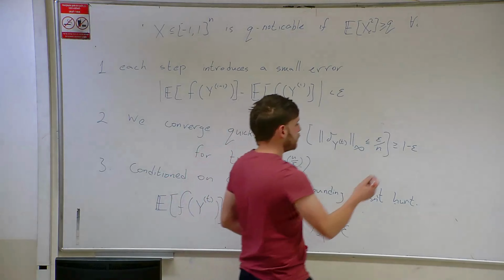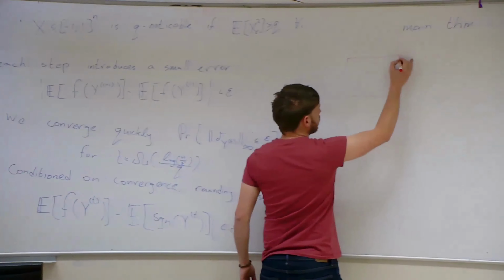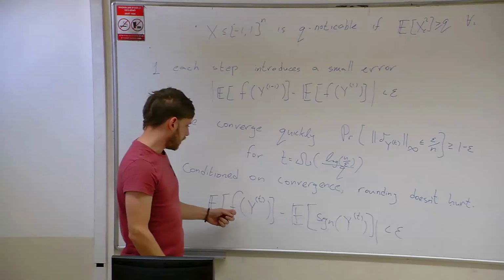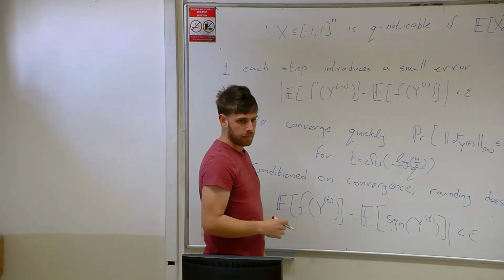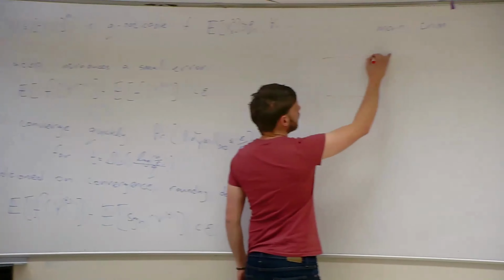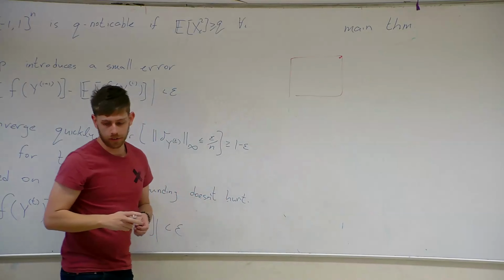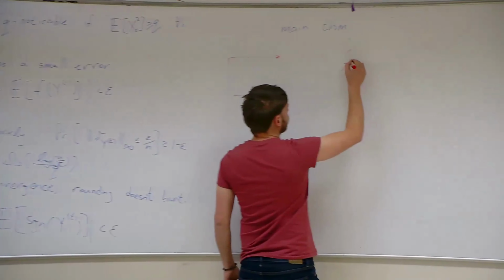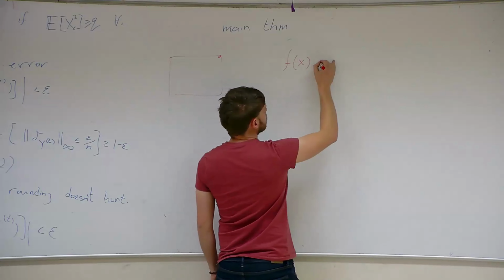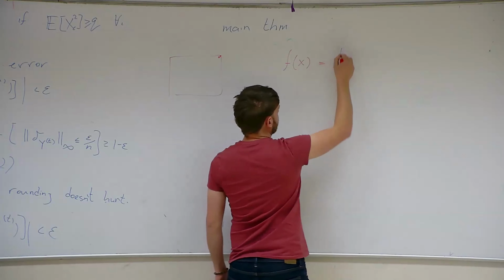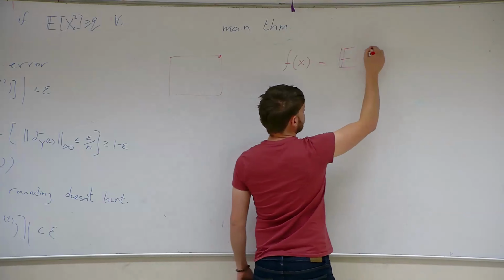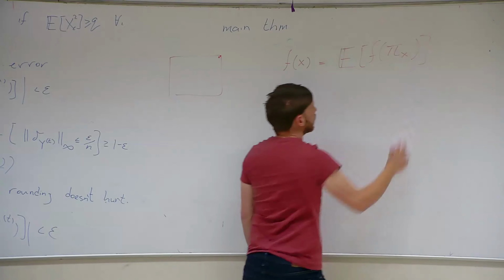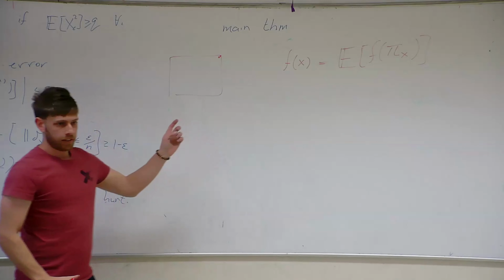So say we're really close to the corner in a Boolean cube, and now we want to evaluate f on the corner and compare it to f really near the corner. And recall that f of x is equivalent to the expectation of f of pi x. Okay, so you remember this?